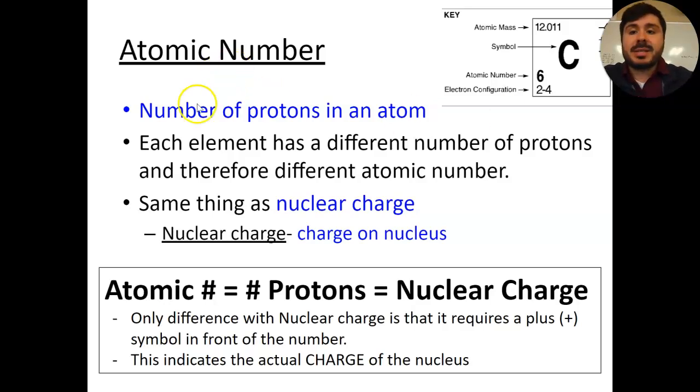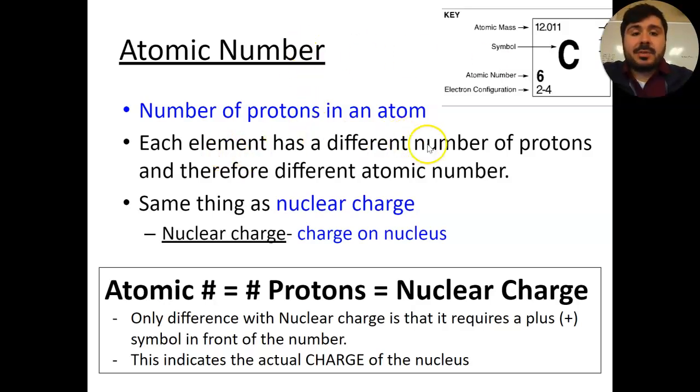It tells you exactly the number of protons in an atom. So if we look at this example of carbon, which has the symbol C, if it has an atomic number of 6, that just means it has 6 protons. Atomic number of 6, number of protons, same exact thing, okay?